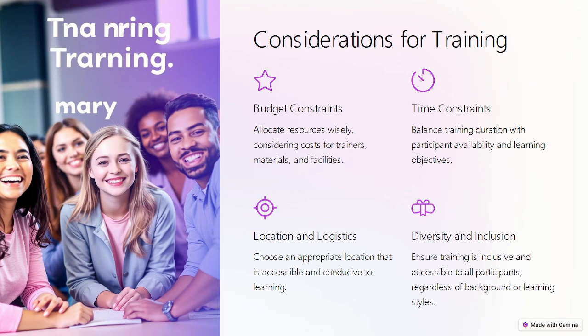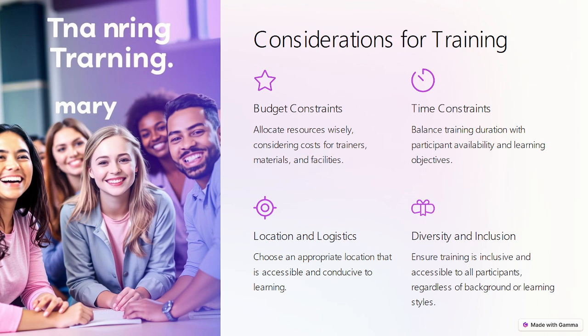Within these slots, you need to engage as many faculty, trainers and participants as possible, and try to provide as many learning objectives and facilities as possible to the working executives. So time is very, very important. The first one is budget allocation, or budget constraints. The next one is time constraint. Both are very, very important.